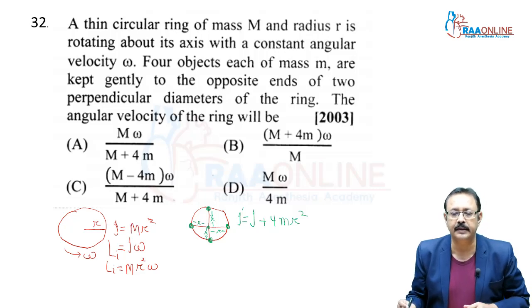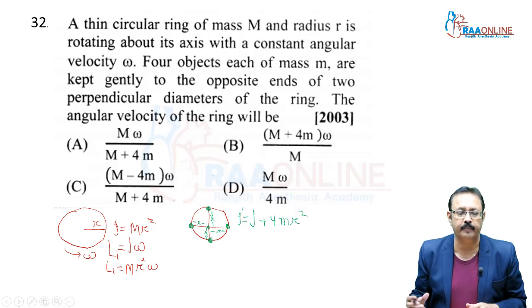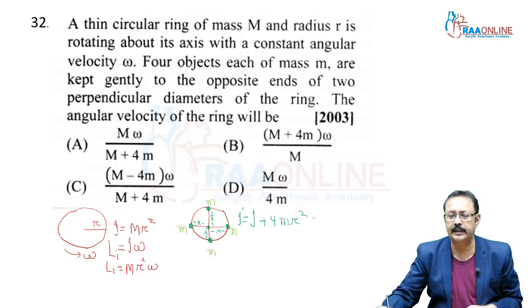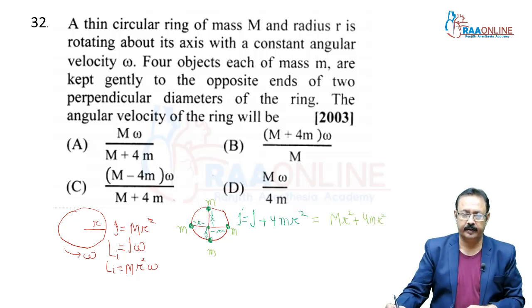And these masses are small m. So now your new moment of inertia is equal to Mr square plus 4mr square.